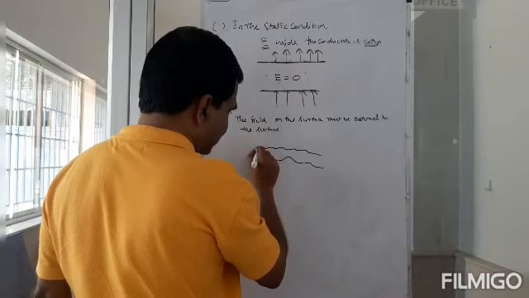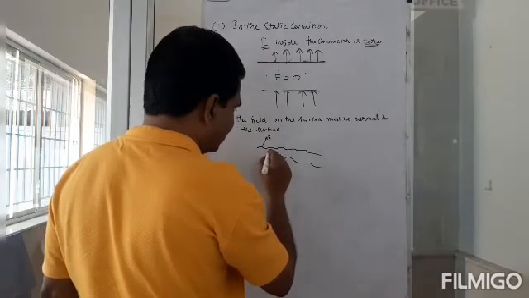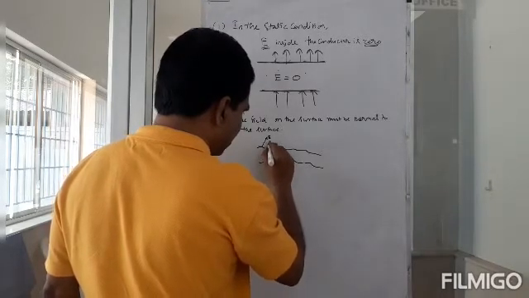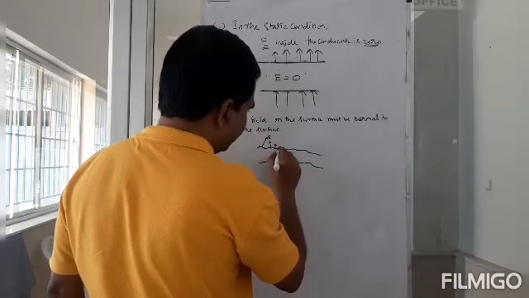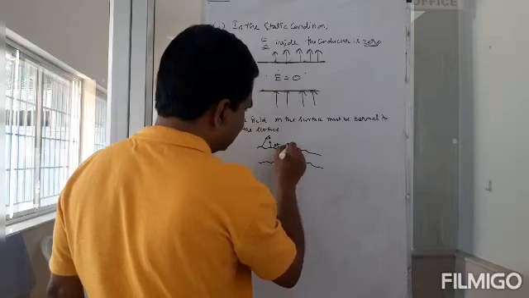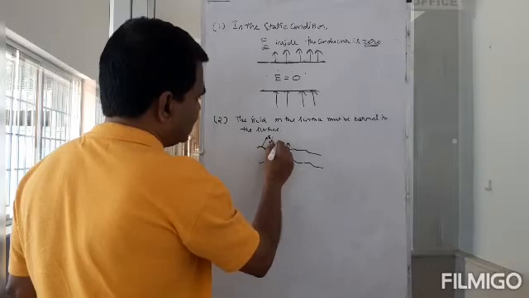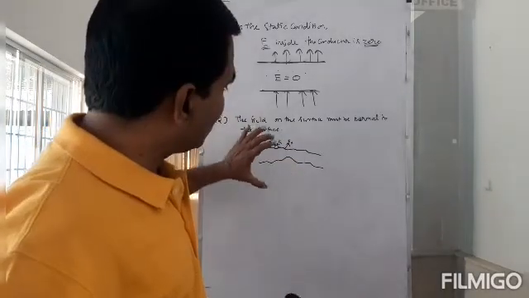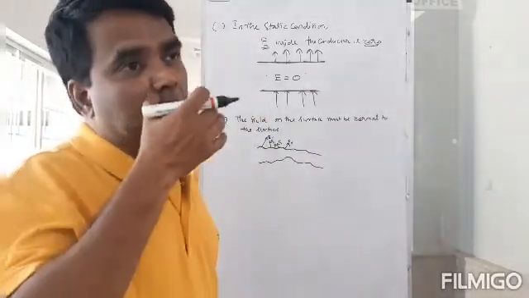For example, if this is the tangent here, then the field will be like this. If the tangent is here, the field will be like this, and then like that. See, this could be E1, this could be E2, this could be E3, could be E4. But you can see that the field will always be normal to the surface.